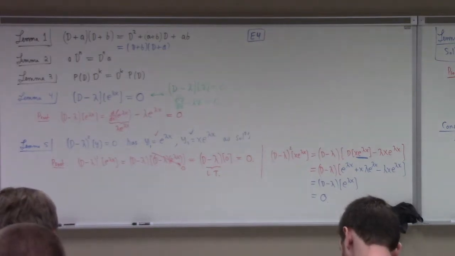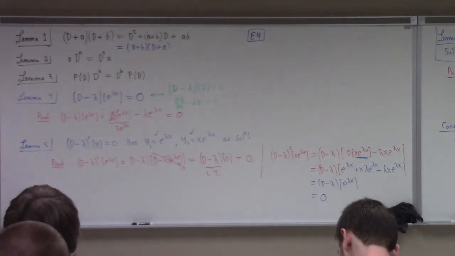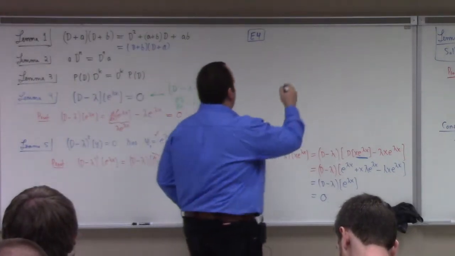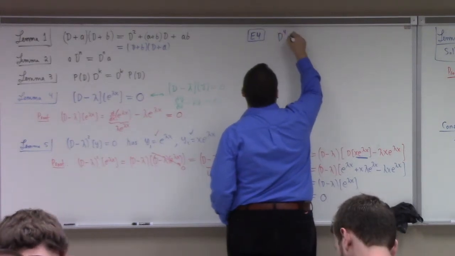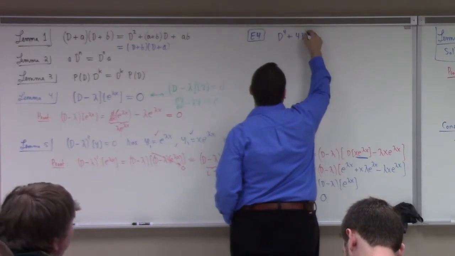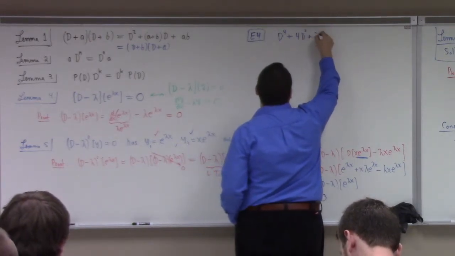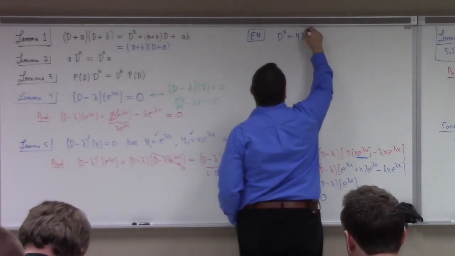Suppose you want to solve, how about this? D to the 4th plus 4D squared plus 3, oh, that was a D cubed. Sorry about that.